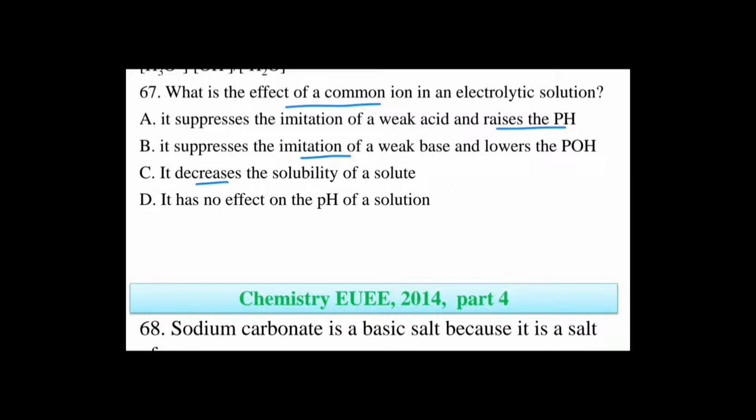The question is, what is the common ion effect, or what is the effect of a common ion on an electrolytic solution. The common ion effect is caused by addition of a compound having an ion in common with the dissolved substance that shifts the equilibrium to the right or to the left.